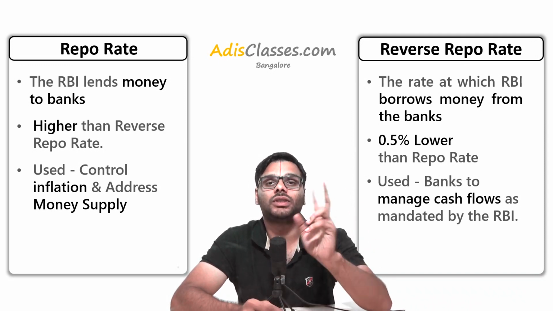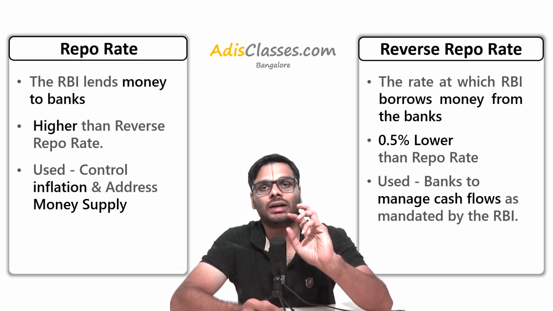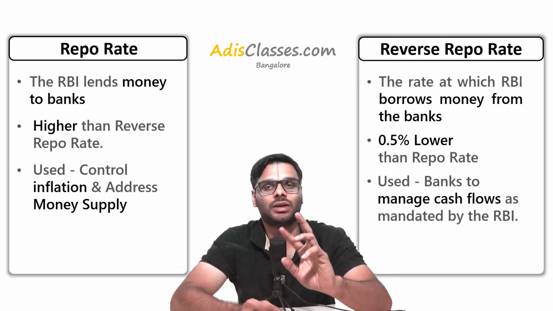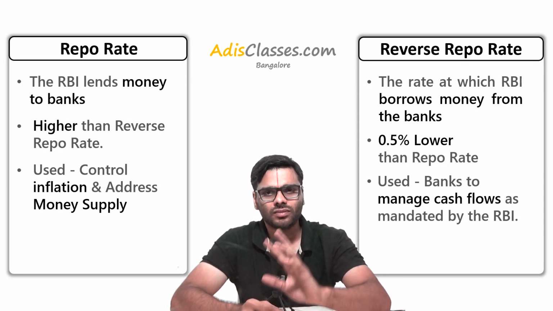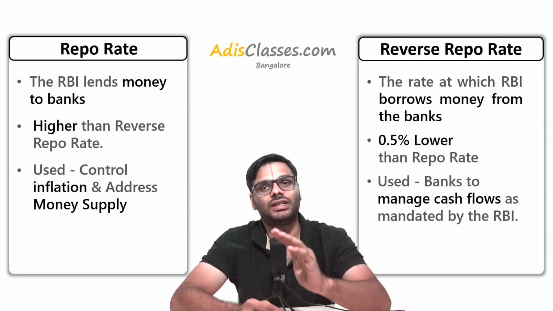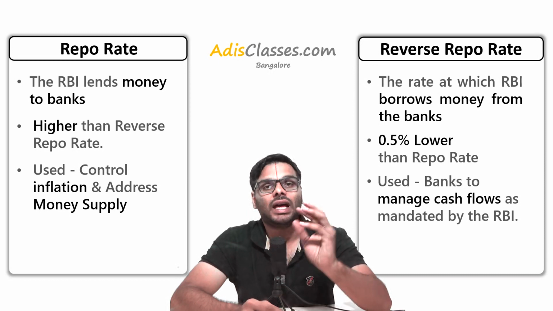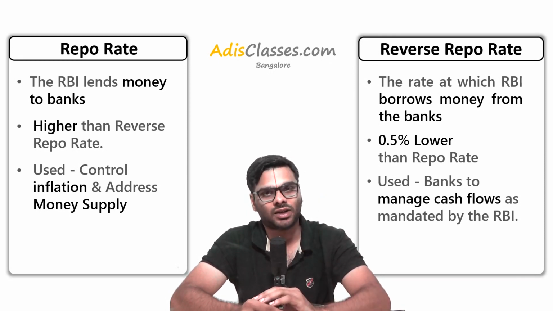So the purpose of the two things is very different. Repo means repurchase agreement, and reverse repo means reverse repurchase agreement. Okay, we'll come to it later. But you have to understand that the use of repo and reverse repo is completely different. Repo is used so that we can address money supply in the economy.